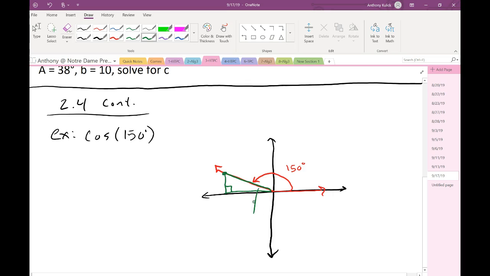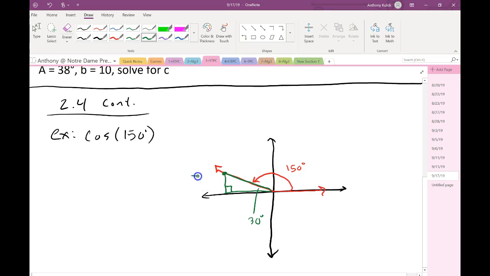And I'm going to determine what this angle here is. Who can tell me what this angle is? It's got to be 30 degrees, right? We've done 150, and if we do 30 more, that's 180 degrees, and that's a flat line. Everybody agree with that?